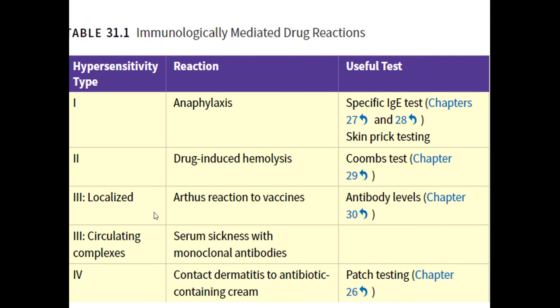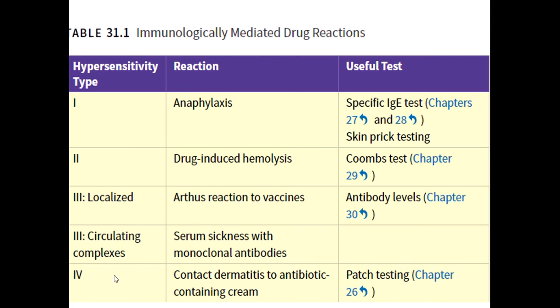For type 3, if it's localized or systemic, in the localized, like the Arthus reaction, we use antibody level and immunofluorescence detection as well. And in type 3, the immune complexes, like in serum sickness, we detect the immune complexes with monoclonal antibodies.